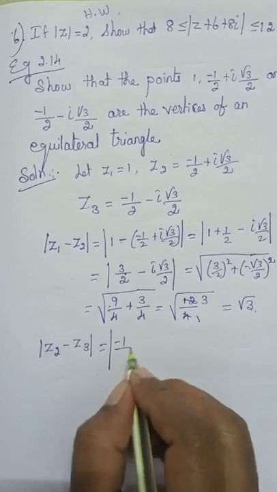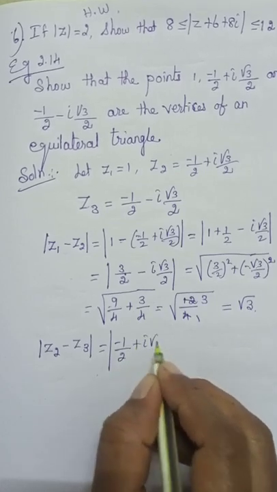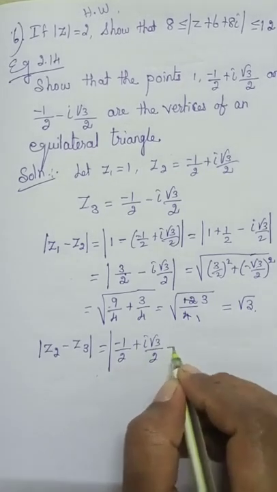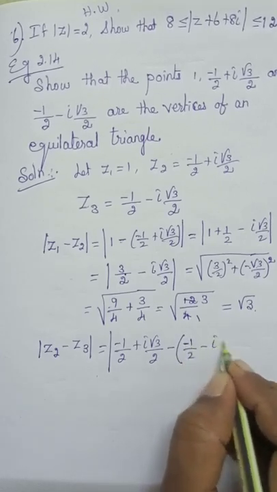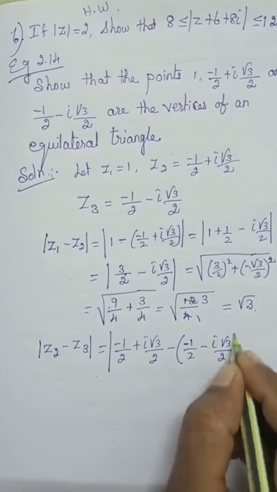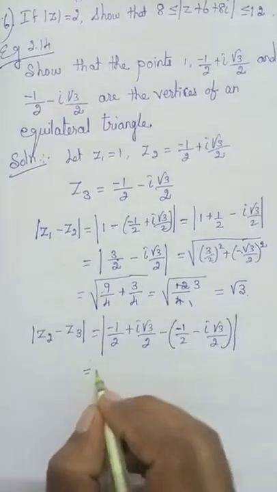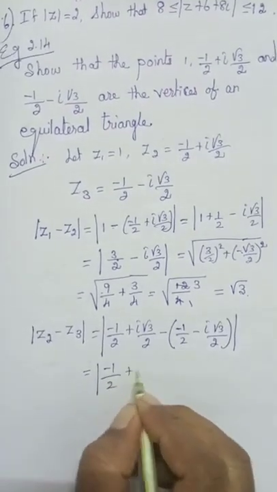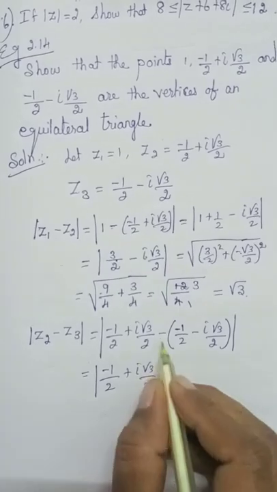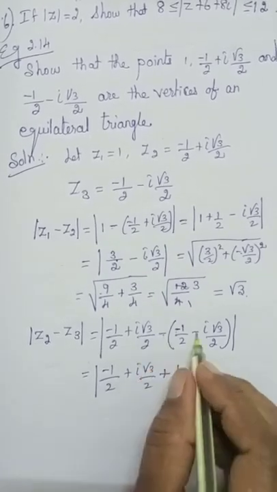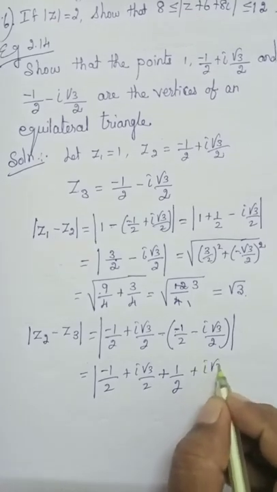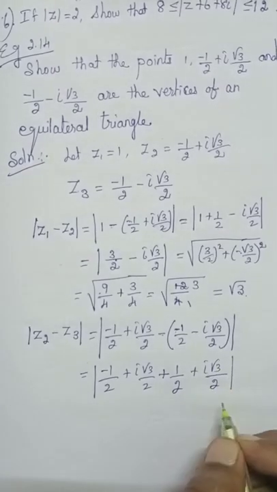Z2 minus 1 by 2 plus i into root 3 by 2, minus Z3, that is minus 1 by 2 minus i into root 3 by 2. Shall we separate it? See, minus 1 by 2 plus i into root 3 by 2, this minus into minus plus 1 by 2, minus into minus plus i into root 3 by 2.